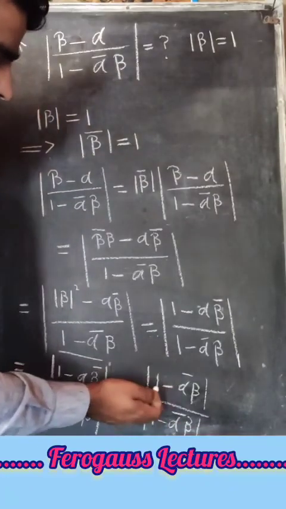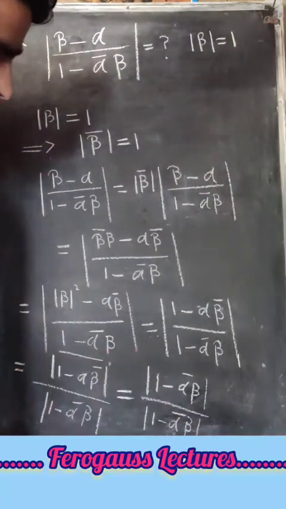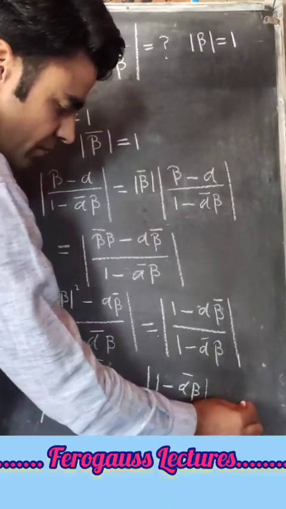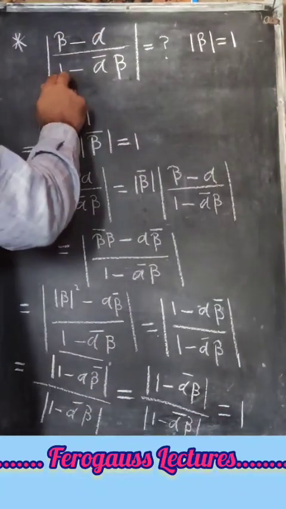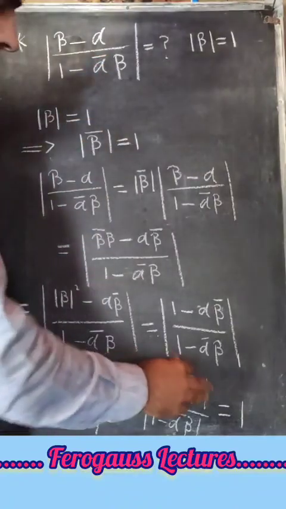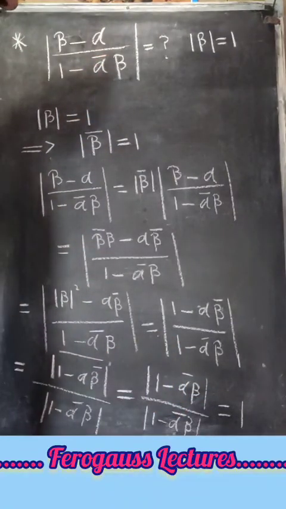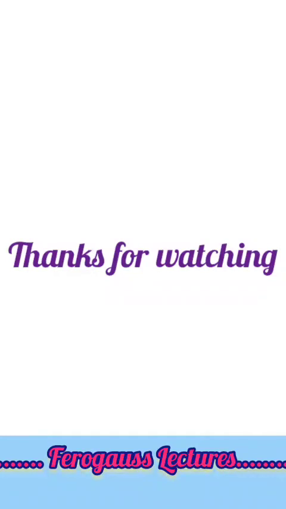Now the numerator and denominator are the same, so this is equal to 1. Thus we get the value of the modulus of beta minus alpha divided by 1 minus alpha conjugate beta equal to 1. This completes the question.